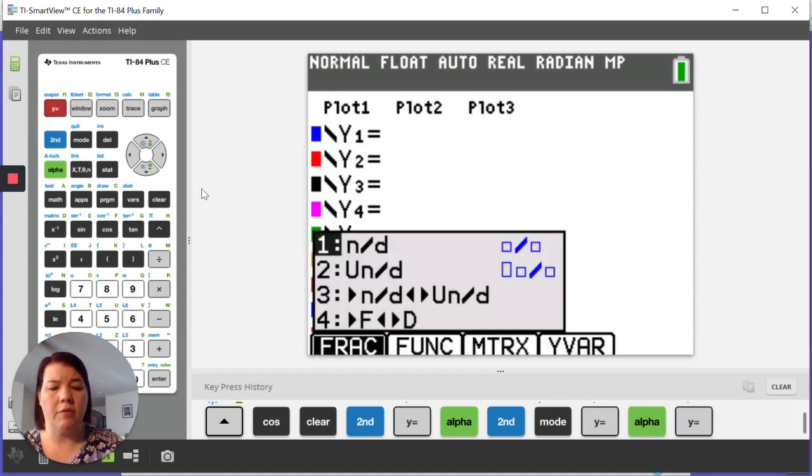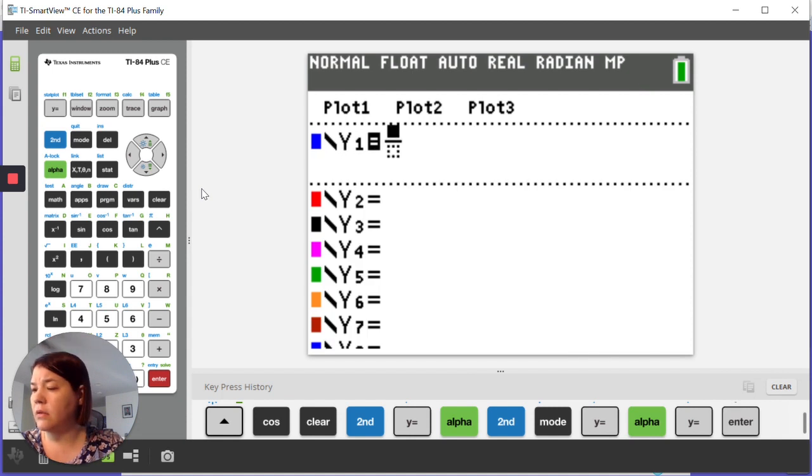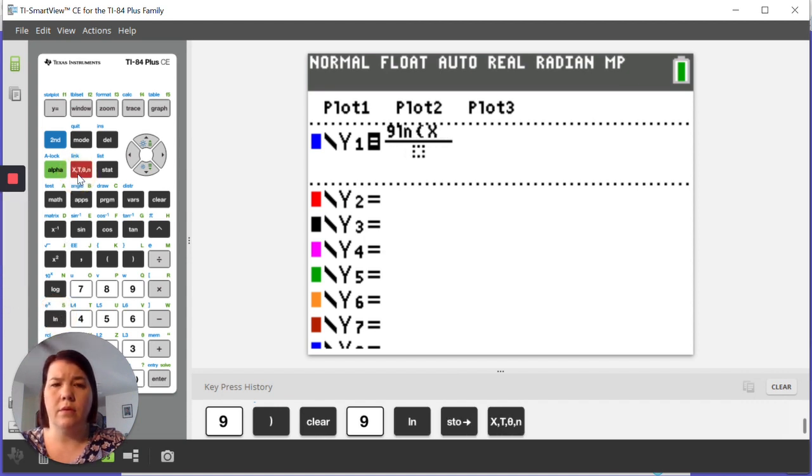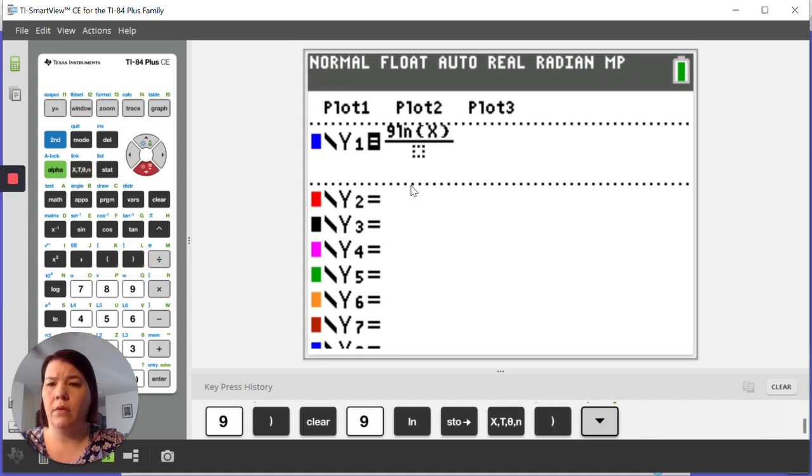There's my fraction number 1. I've got 9 times the natural log of x, close parentheses, over P, or x in this case.